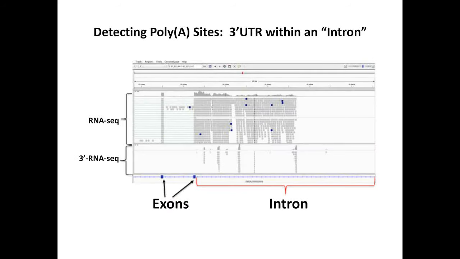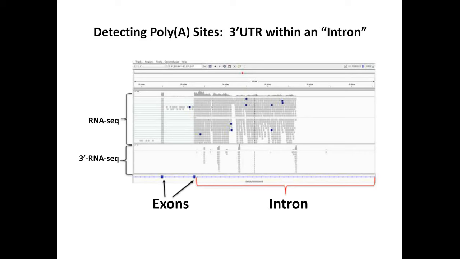So this is another case for one of the problems that we saw, based on gene model. You can see these are two exons and this is an intron. But we saw in both RNA-seq and 3' RNA-seq there are lots of reads mapping to the intron. So obviously this part would not be an intron.